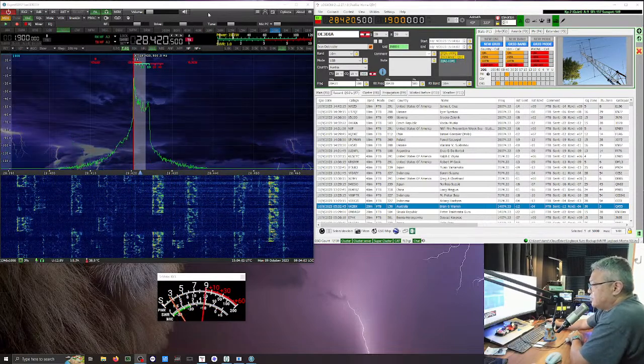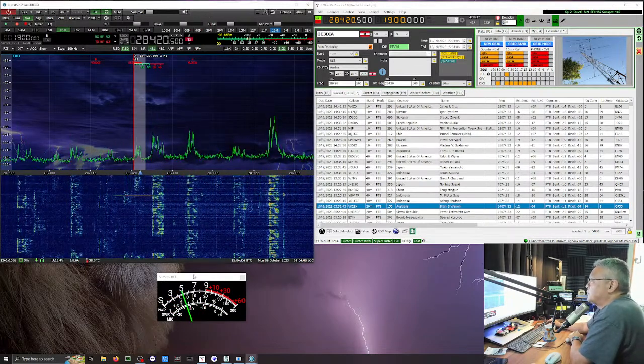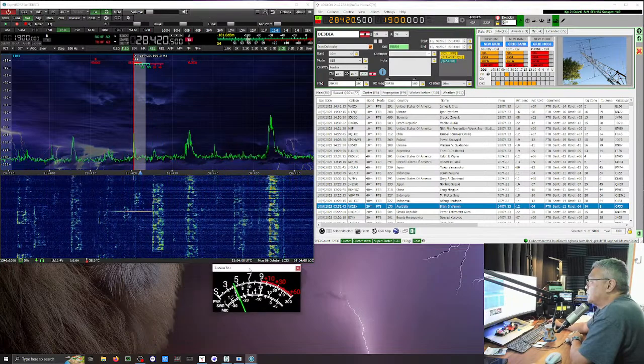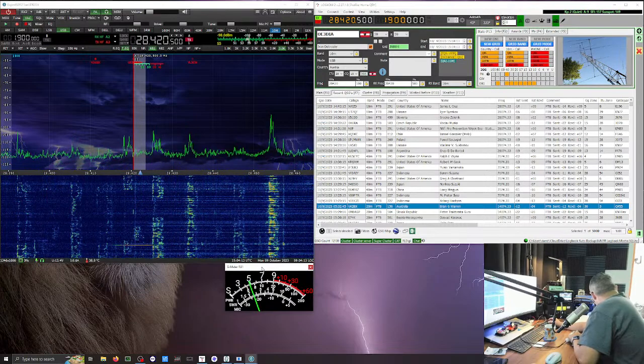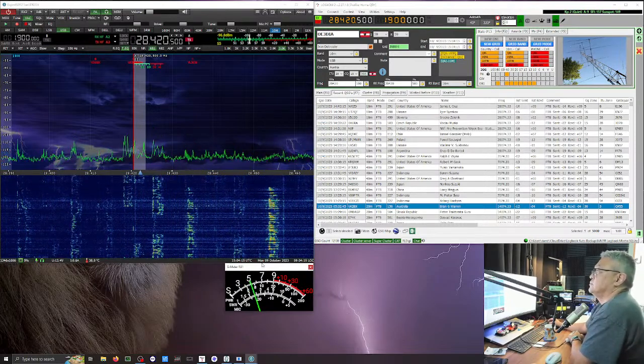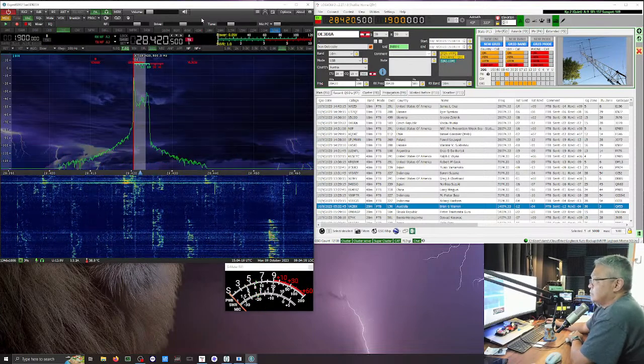November 4, Victor Foxtrot Romeo. Papa Charlie Papa, 5 and 9. QSL, D3, we confirm 5 and 9 report. Thank you. QSL. November 4, Victor Foxtrot Romeo.